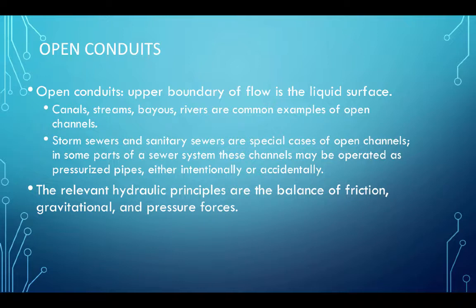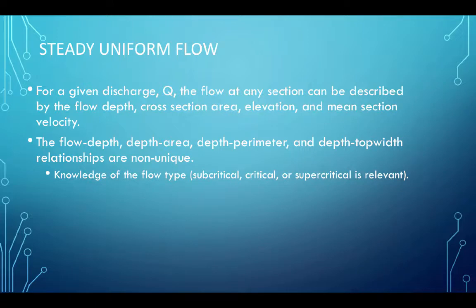The relevant hydraulic principles are the balance of friction, gravitational, and pressure forces. For a particular discharge, quantity capital Q, the flow at any section can be described by the flow depth, the cross-sectional flow area, the elevation, and the mean section velocity.